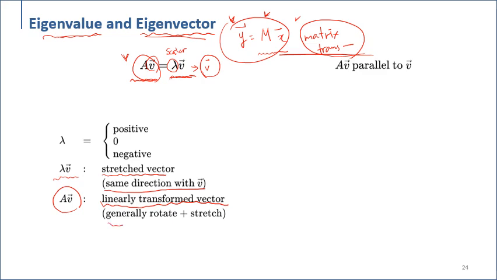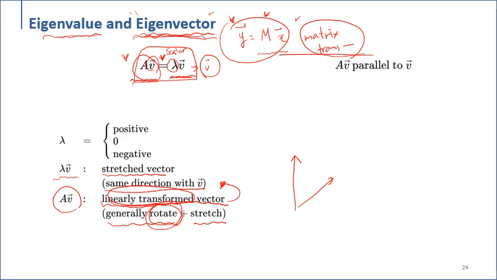So generally, it rotates or stretches. By rotating, its direction can be changed. But as you can see here, they are the same. So that means when you transform one vector, its direction is preserved. That's why we call this an eigenvector, a unique and very special vector.